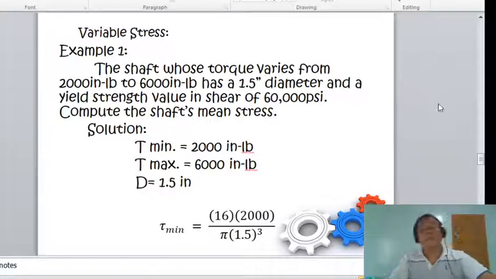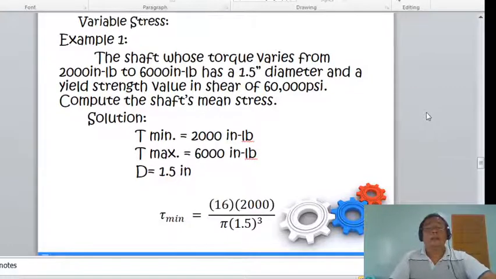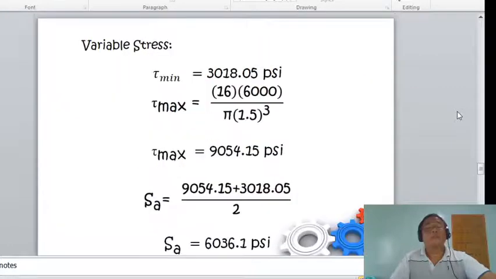Getting now the value of the stress, the minimum is 3,018.05 psi. And getting the maximum stress, the computed value is now 9,054.15 psi.